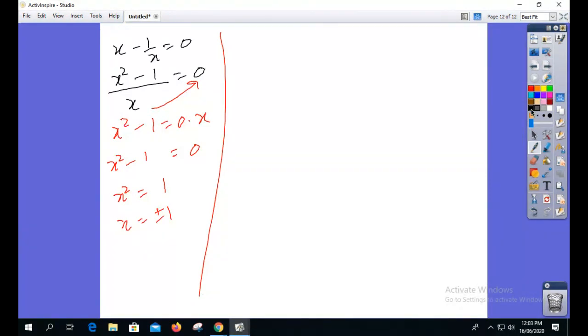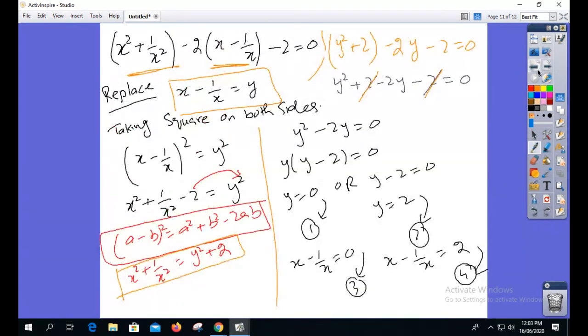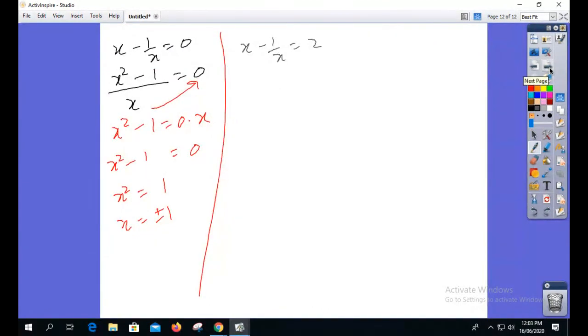Further we have x minus 1 by x equals to 2. Now again taking LCM, when this is multiplied by this, we have x square minus 1 equals to 2x, x square minus 2x minus 1 equals to 0.